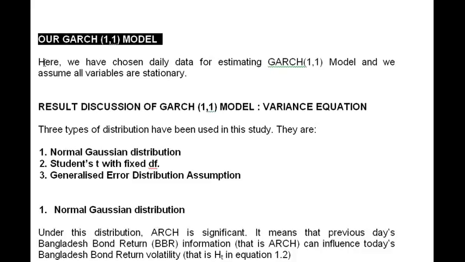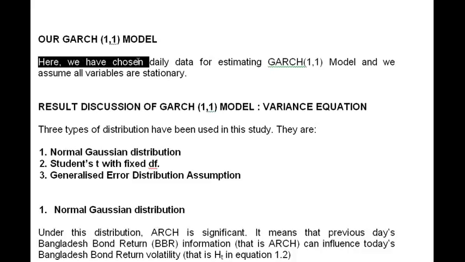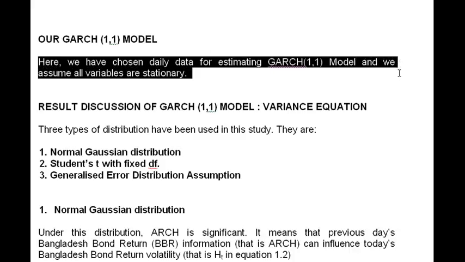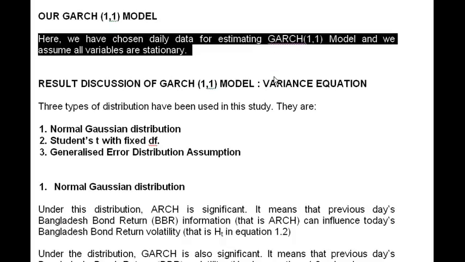And here we have chosen daily data for estimating the GARCH(1,1) model, and we assume all variables are stationary. Make sure in the GARCH model all the variables should be stationary.